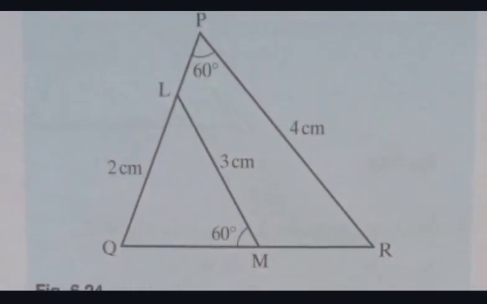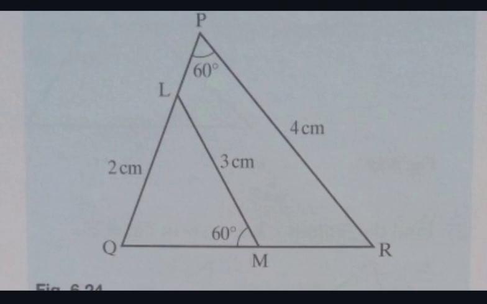So let us consider this triangle here, triangle PQR. If we look at this triangle carefully, we see that angle QML is equal to angle QPR. They are both 60 degrees.